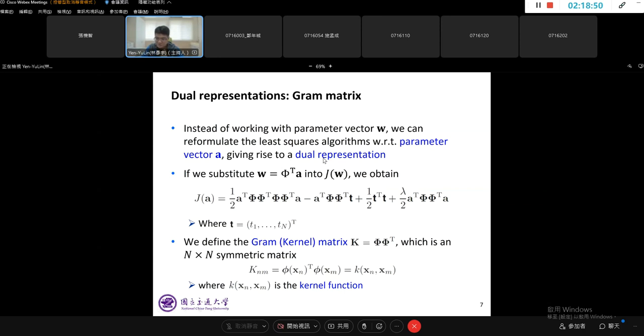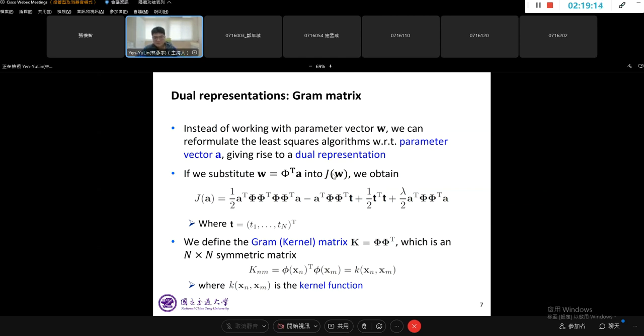We are dealing with a regression problem. Originally, we learned W, but in dual representation, we learn A, and A is the combination coefficient of the training data, because the optimal W lies in the linear combination of all the training data.